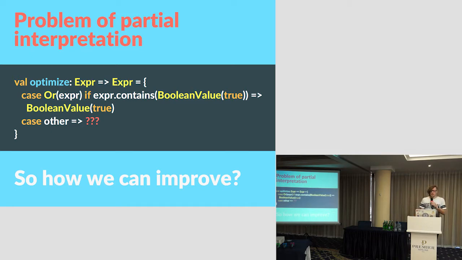And the problem is that in that case I cannot just say, okay, in other cases just put other. Why? Because inside every action I have a pointer on another expression and I need to traverse over all collections. So for every function like this, I need to define how I will work with every action that I have. For AND, for equals, and so on.